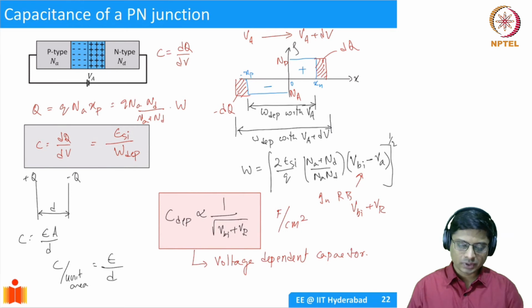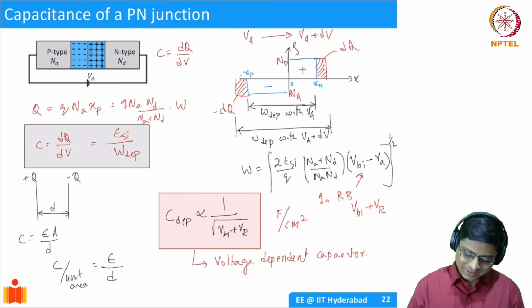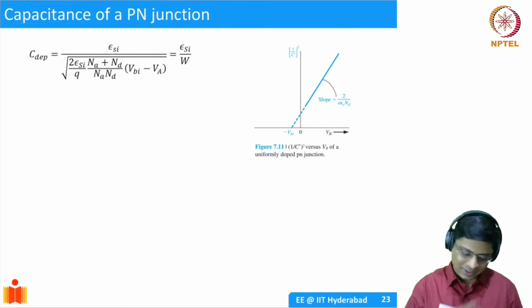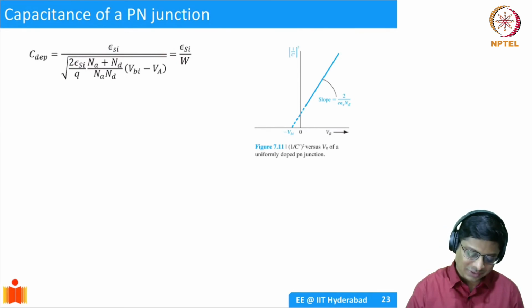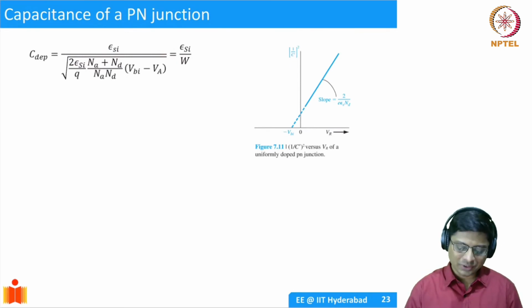That's how we'll represent the capacitances. All right, so what is it useful for? It has applications. I just wrote out the expressions; you'll work it out and verify that this expression is indeed correct.